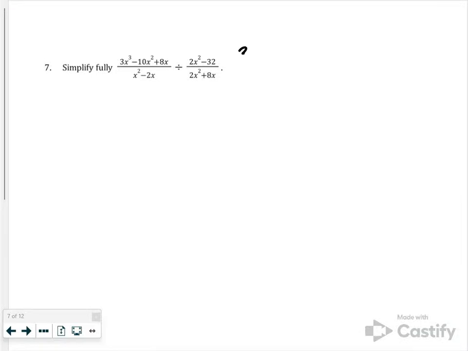So first we're going to change this into a multiplication problem. And you know what, as I write, I realize that we can take an x out of each of those terms. So I'm going to rewrite this as x times a quadratic. So we're going to have x times 3x squared plus 8.